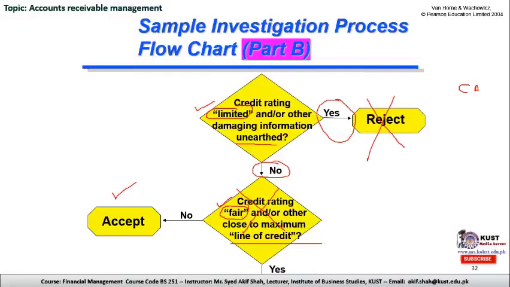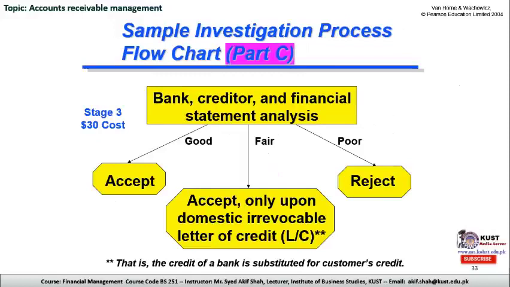However, if a dangerous title and rating has been given by Dun and Bradstreet, then we have to further investigate the credit applicant and move to the third part of this diagram. In stage number 3, if the company is following this stage as well, a typical cost incurred by the company is $30.